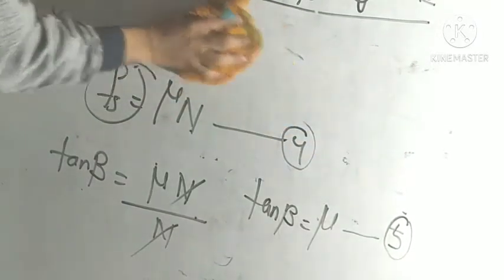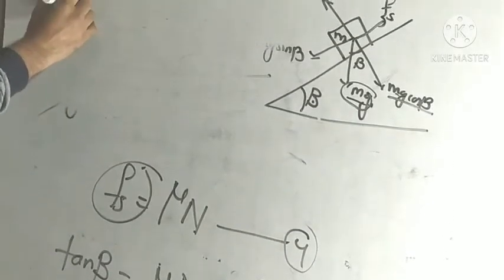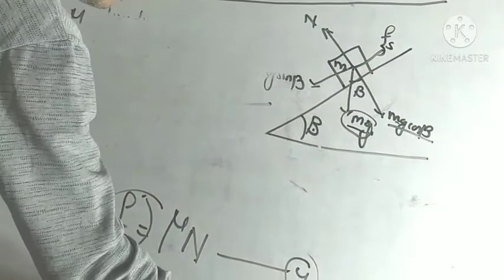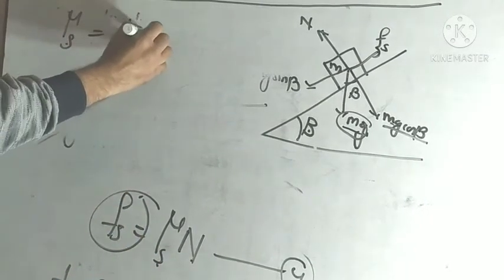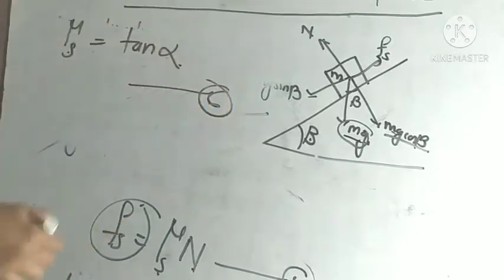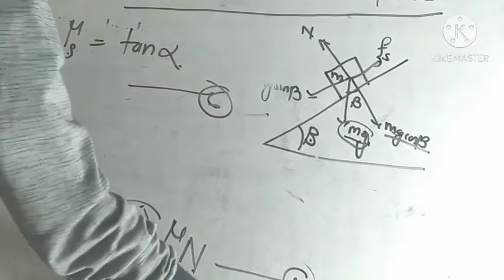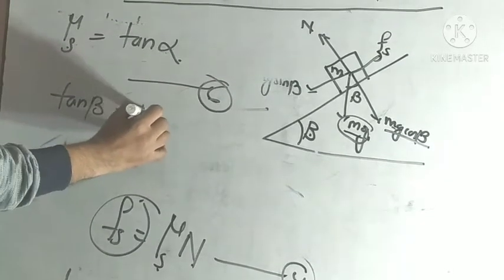And we already know that the coefficient of friction is equal to tan alpha. We give it equation number 6, and we put the value of coefficient of friction in equation number 5. So tan beta is equal to tan alpha.